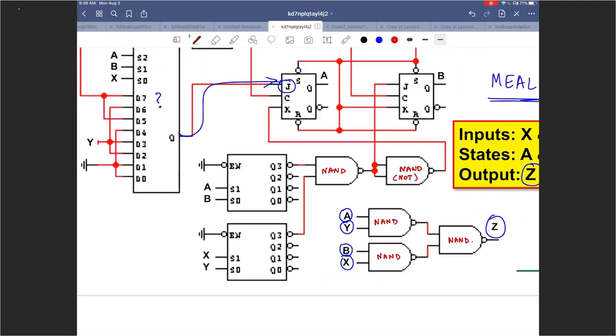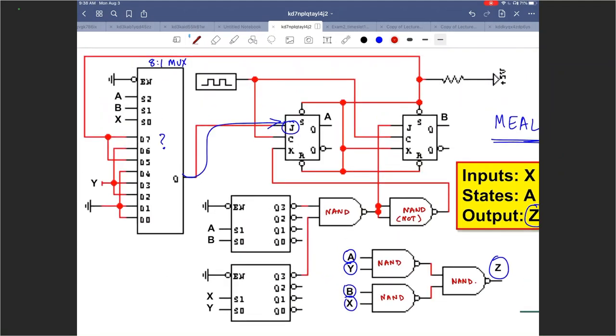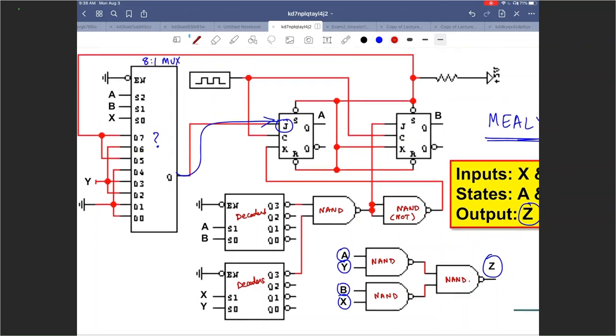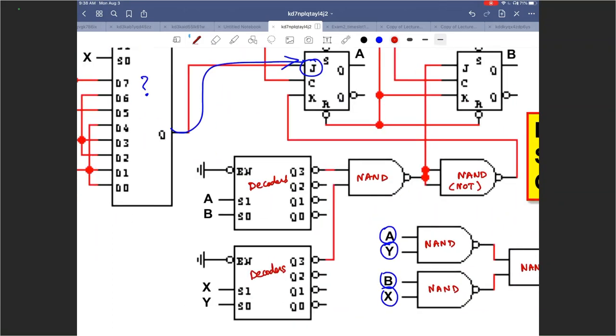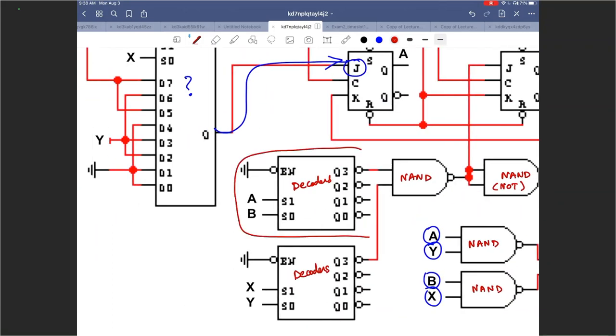These two guys are what? 2 to 4, 2 to 4. So these are decoders. Can somebody tell me the equation here for Q3?